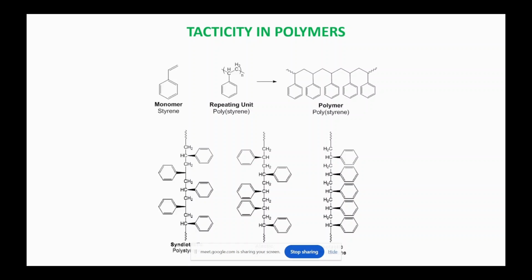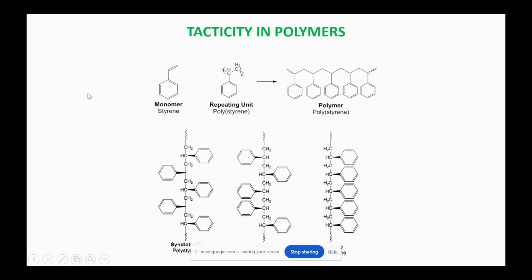Sometimes based on the structure you can vary the process, and for a particular process you will get a particular structure and property. So all these things are very interrelated and interdependent.